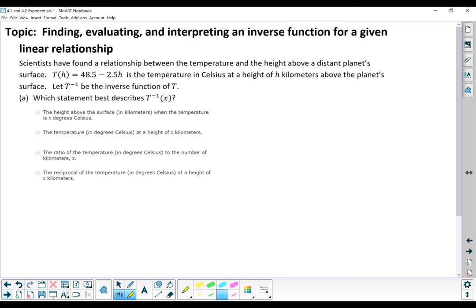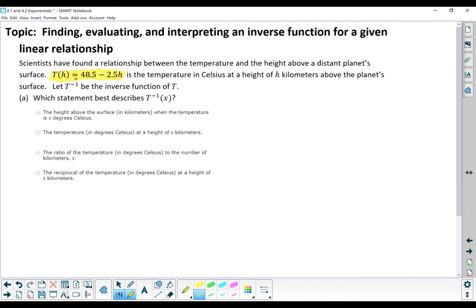Okay, our next topic is finding, evaluating, and interpreting an inverse function for a given linear relationship. So our equation that we're going to be working with is right here. Scientists have found the relationship between the temperature and the height above a distant planet's surface follows this equation.